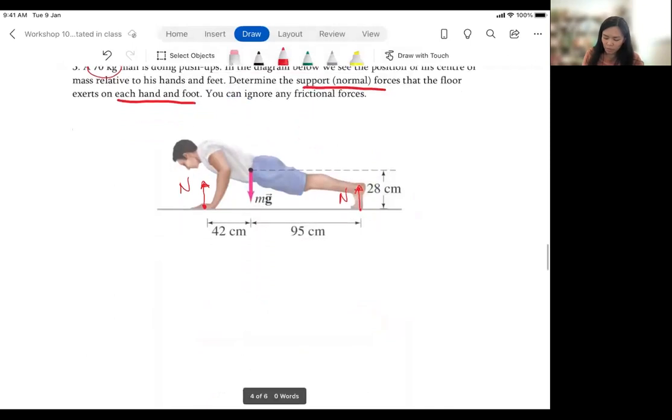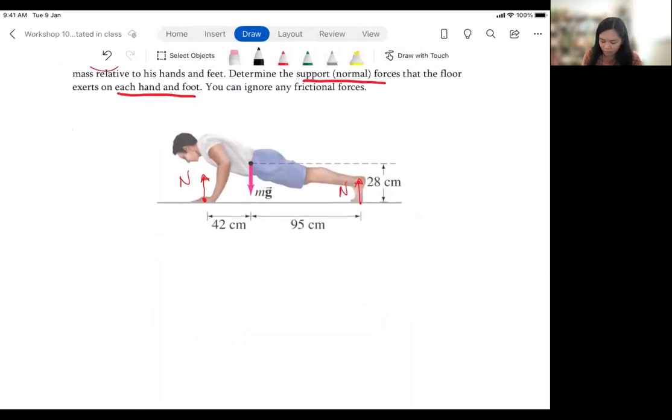Okay, so let me just redraw the free body diagram so that it's less cluttered, where you have the weight force that's downwards, and then you have the normal force on the hands, and you have the normal force on the feet.